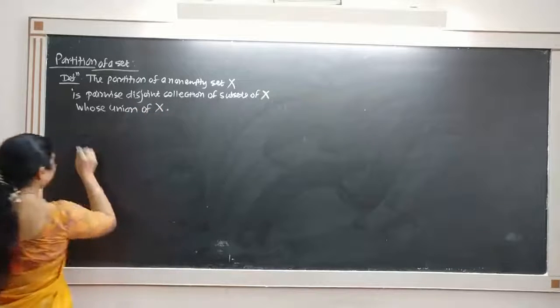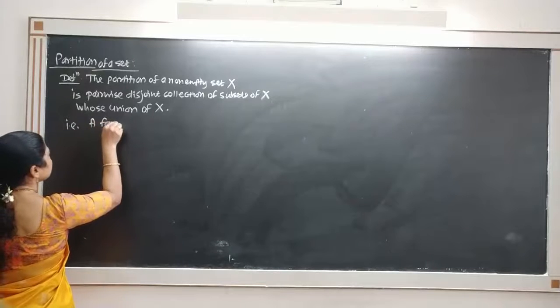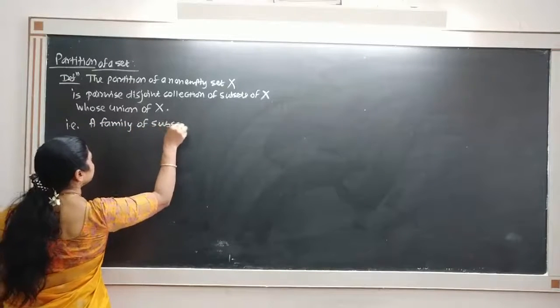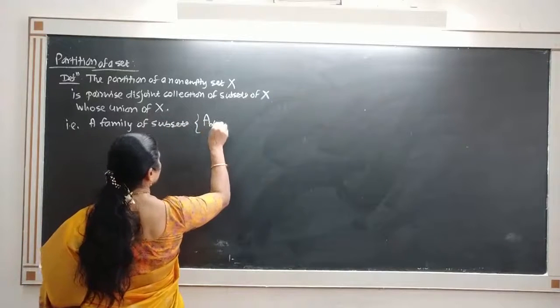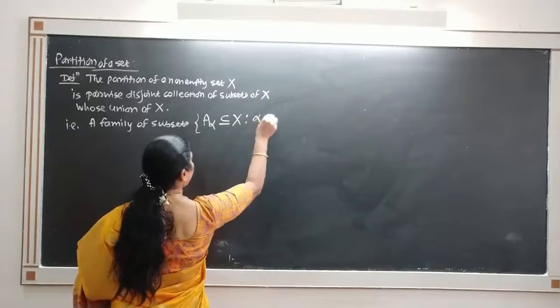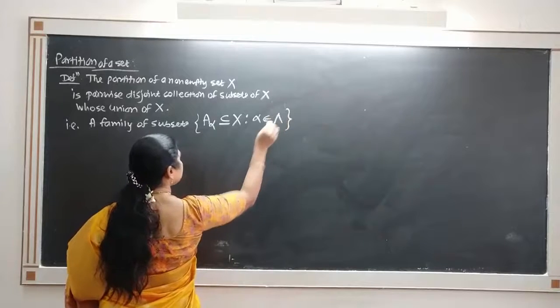or in other words, a family of subsets A alpha which are subsets of X such that alpha belongs to an index set. This is the notation for index set.